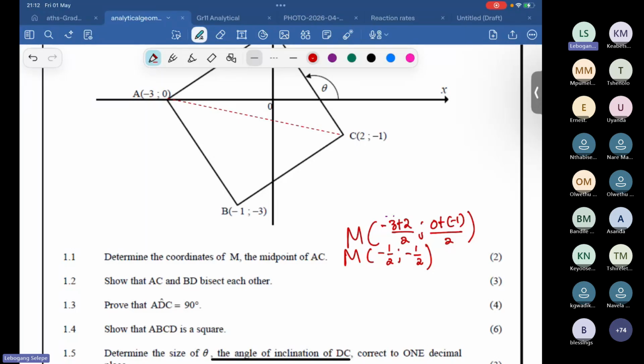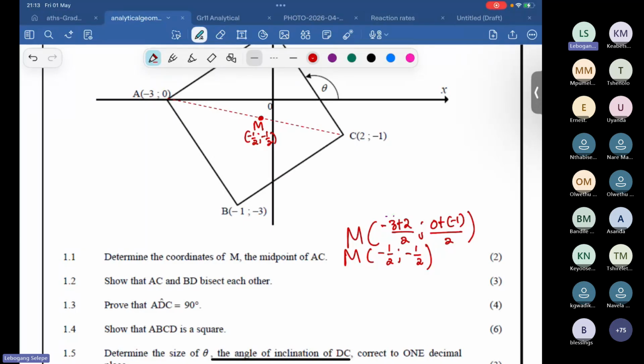Now we can tell from the fact that we have a negative x value and a negative y value that this point of ours is somewhere here. This is our point M. It's both on the negative y-axis and the negative x-axis, because the coordinates of M are -1/2 and -1/2.